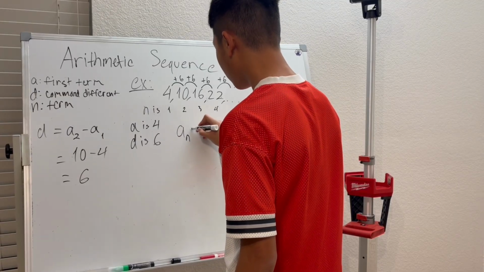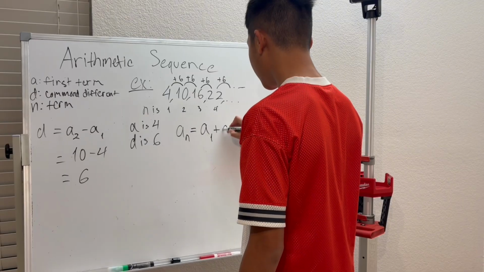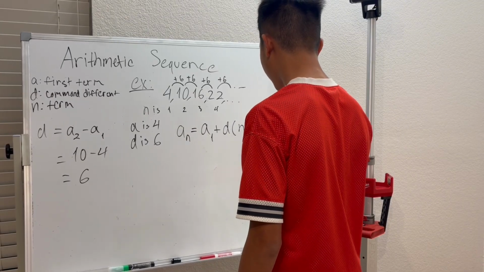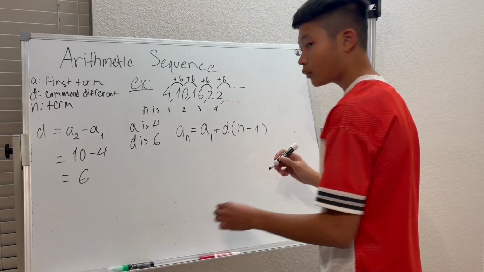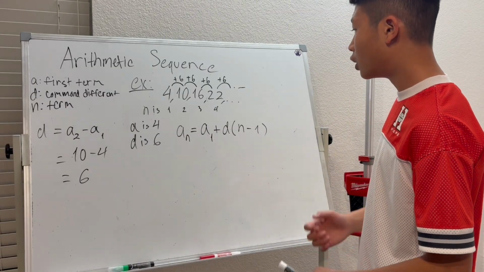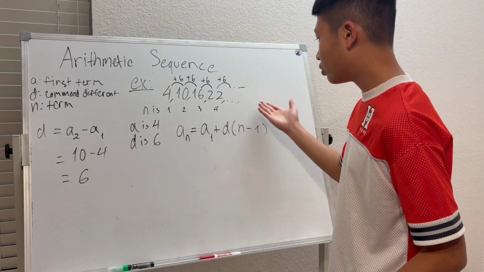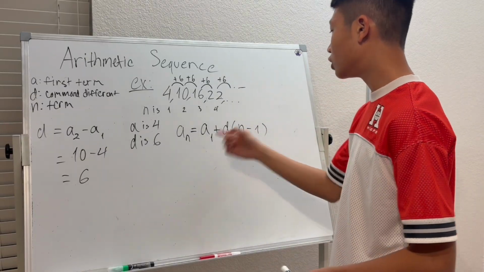A sub n is equal to A sub 1 plus D times n minus 1. So this is the explicit formula. If you want to find the nth number, you have to use this formula.